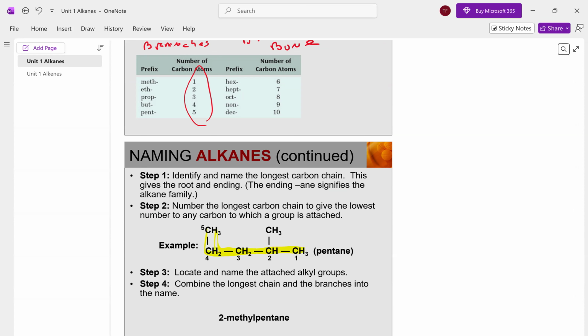Okay, I'm going to show you which one is preferred. Number 2, are there any carbons not on the backbone? Yeah, right here. So we're going to have a branch. 5 carbons long, it's going to be a penta.